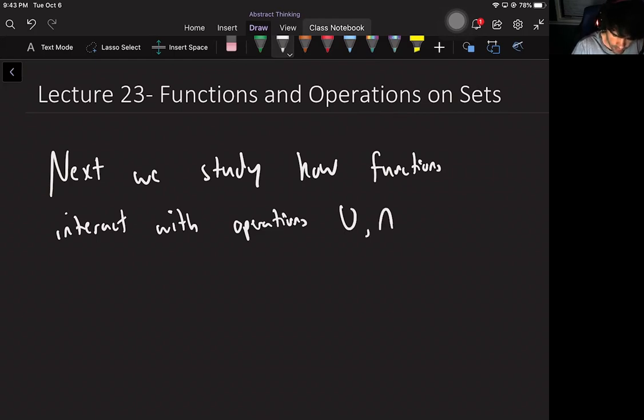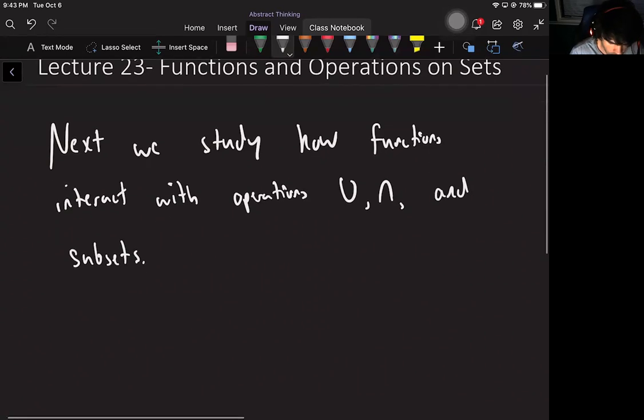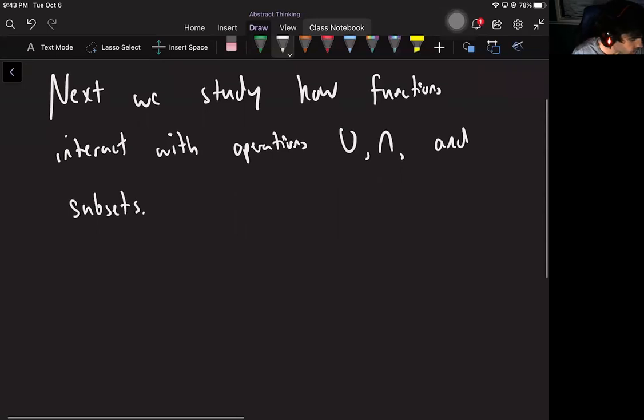And in fact, although subset is not really an operation in the same way those other guys are, we also want to see how functions interact with subsets. That's just too much for one big title, so I didn't put it in there. But that's the idea for today.